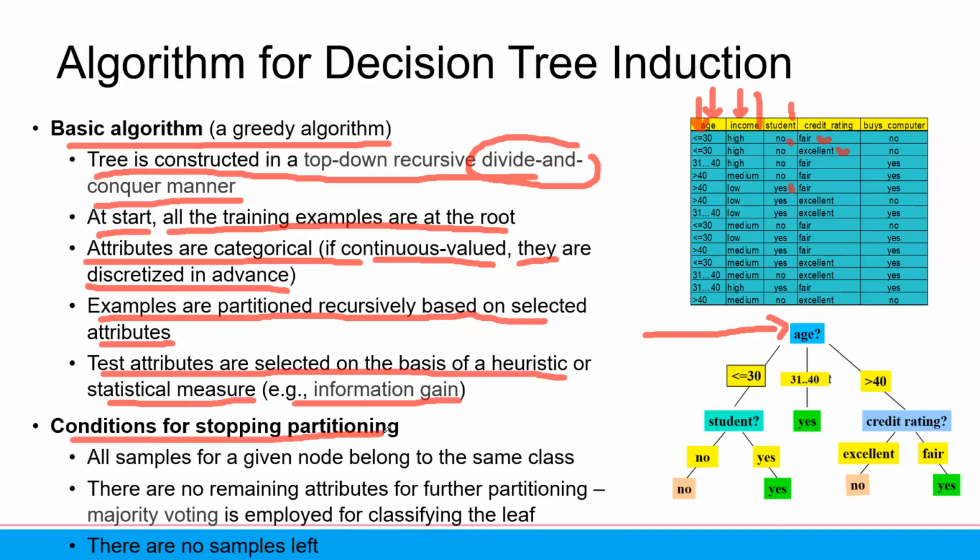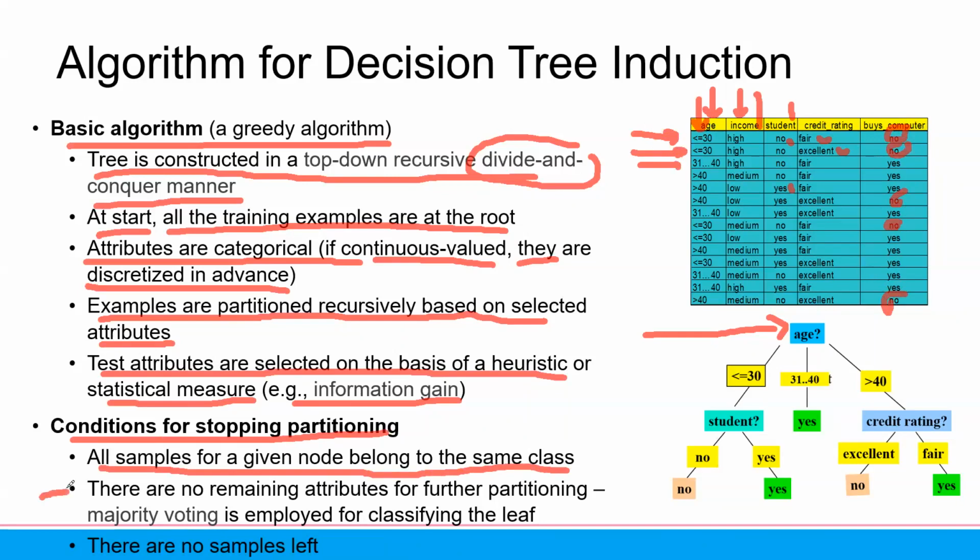Some stopping criteria: the condition for stopping partitioning is when all samples for a given node belong to the same class. So if every one of these samples, or every one of the rows, belongs to no, then they are already in one group, then finish. We do not need to do more evaluation.